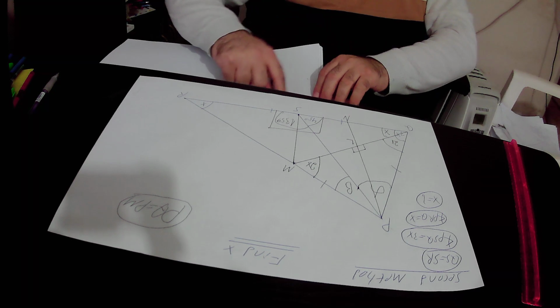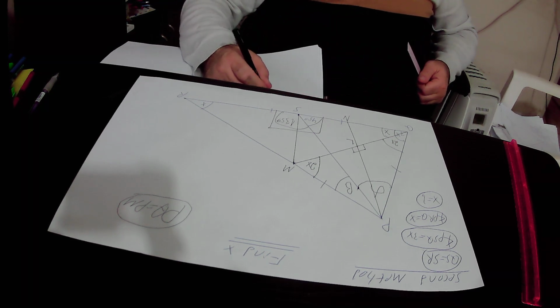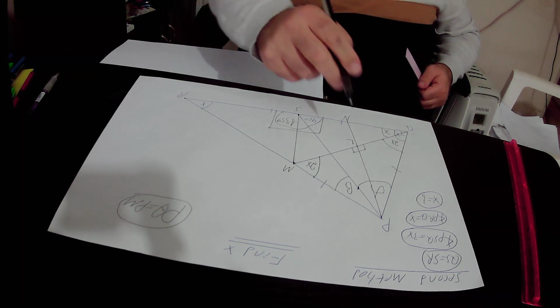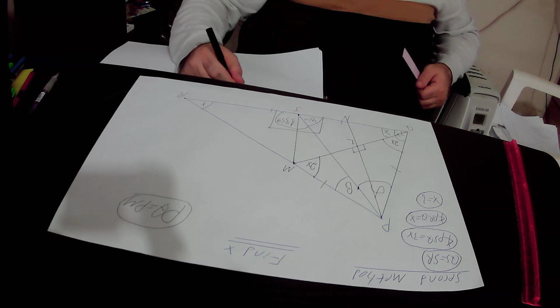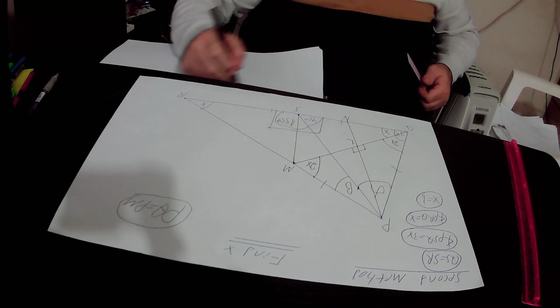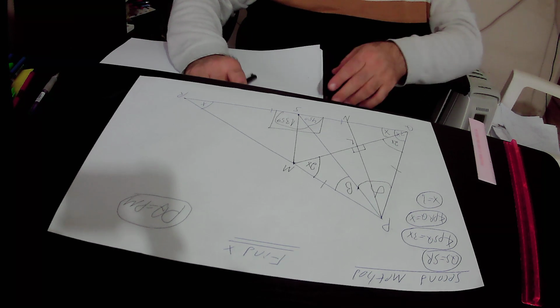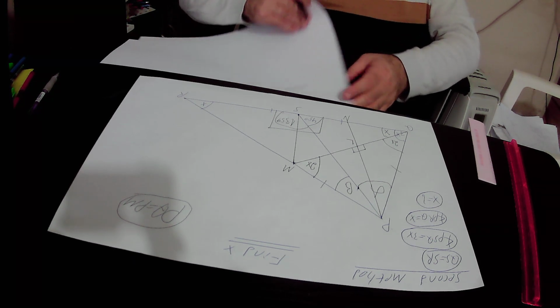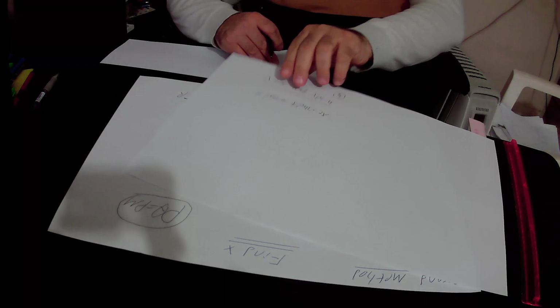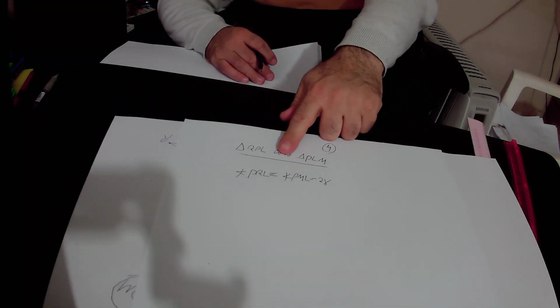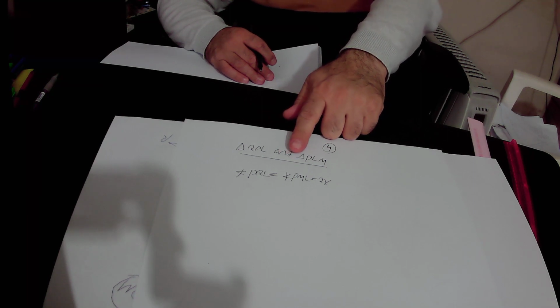So angle PQL equals angle PML, and both angles are equal to 2x. I'll repeat again: angle PQL equals angle PML equals 2x.